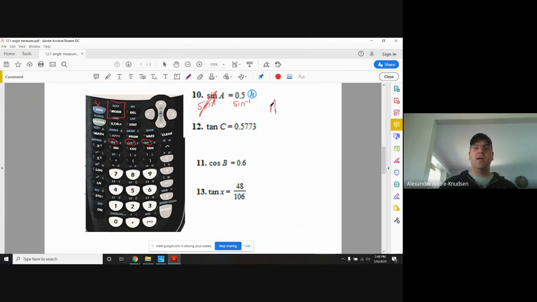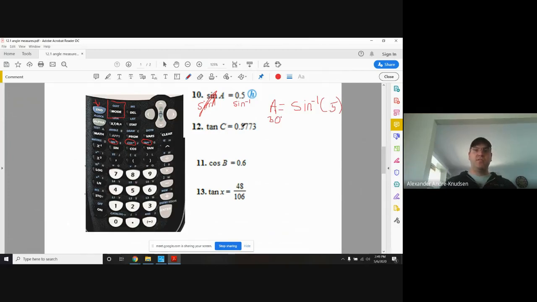So then angle A equals sine inverse of 0.5. So go ahead and plug that in. We've got inverse sine of 0.5, and we get A equals 30 degrees.